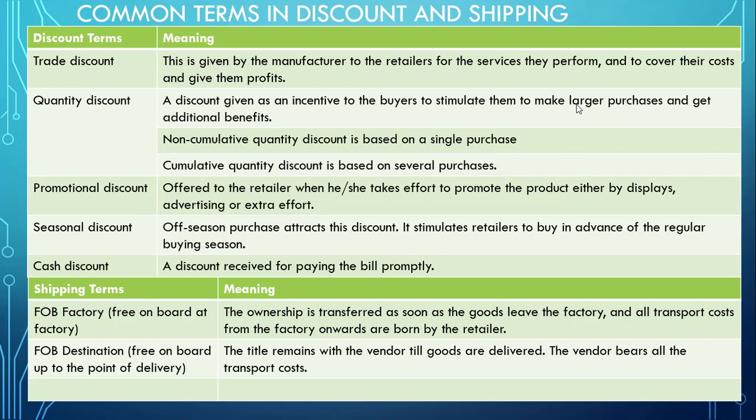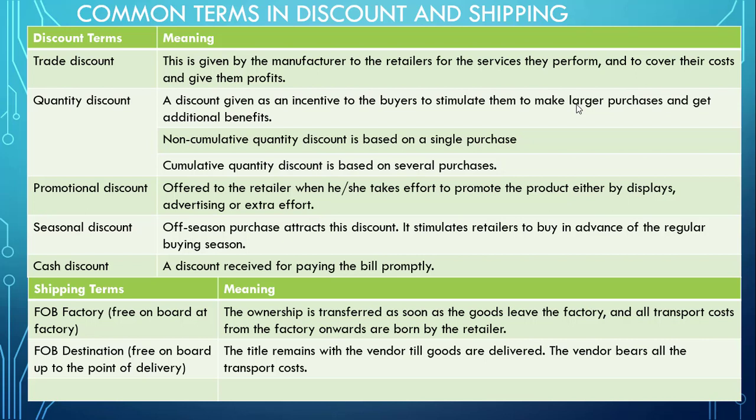When you say FOB destination, on the other hand, the ownership will be transferred when the merchandise is delivered to the retailers, meaning the transportation cost, the risk, and the ownership will stay with the manufacturer until it is delivered to the retailer. So these are the two shipping terms, FOB factory and FOB destination.